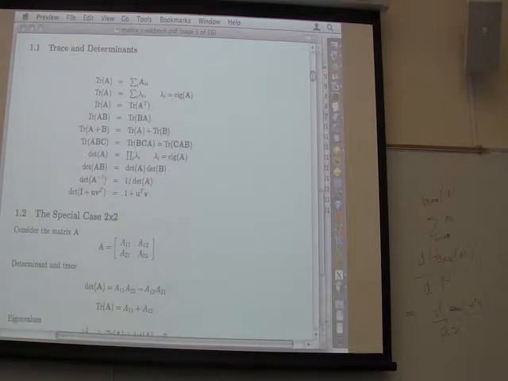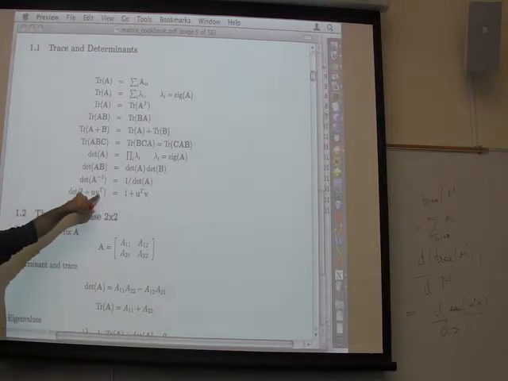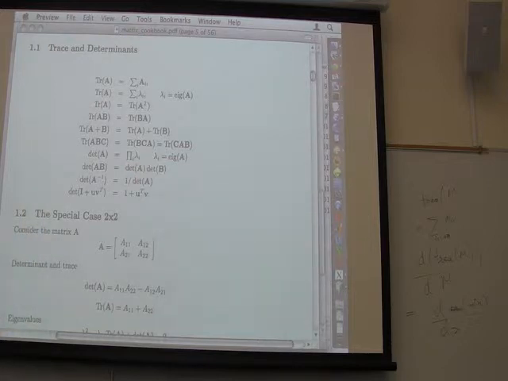So it has a bunch of useful identities. One of them is actually quite useful. This is called Sylvester's identity, and it's actually more general than this; he has given a more specific version of the identity.